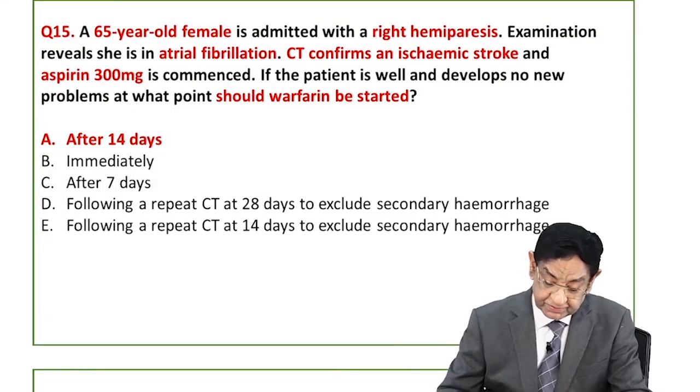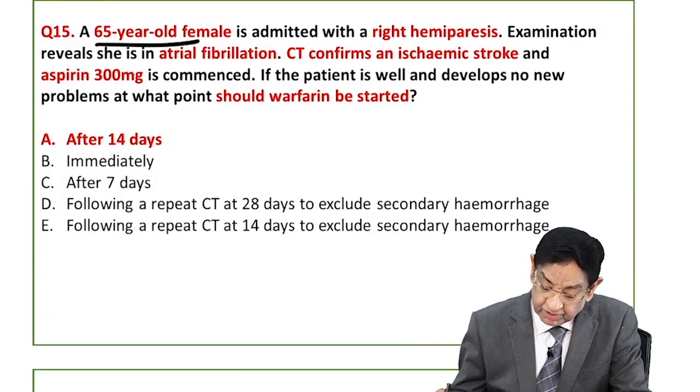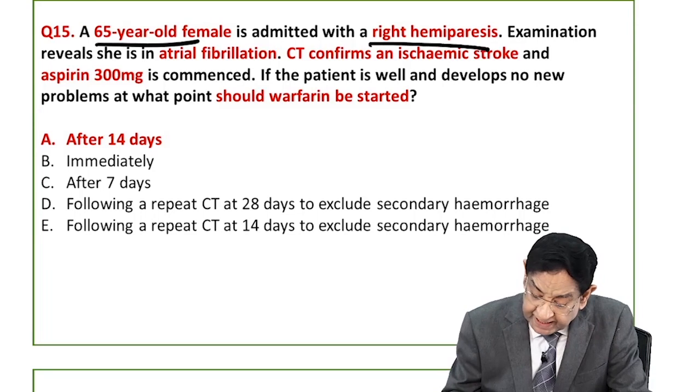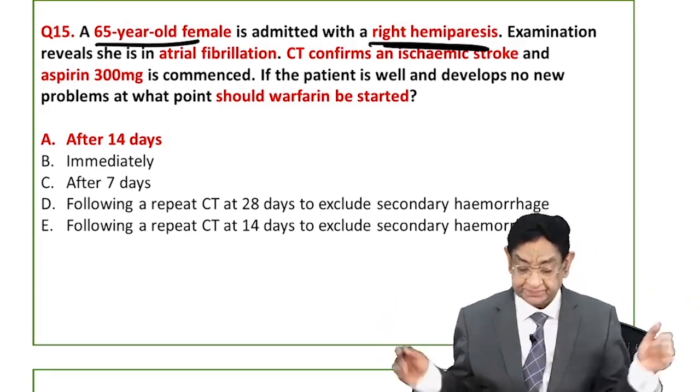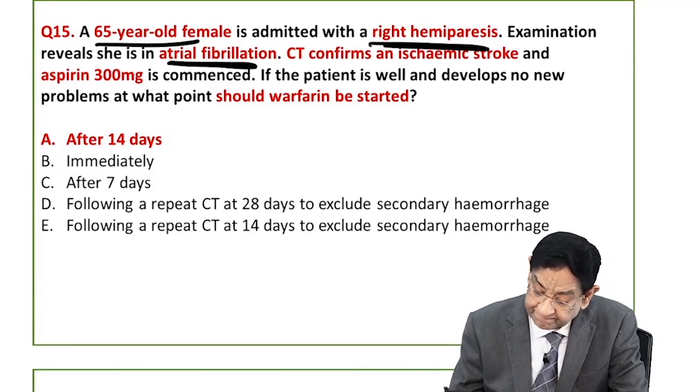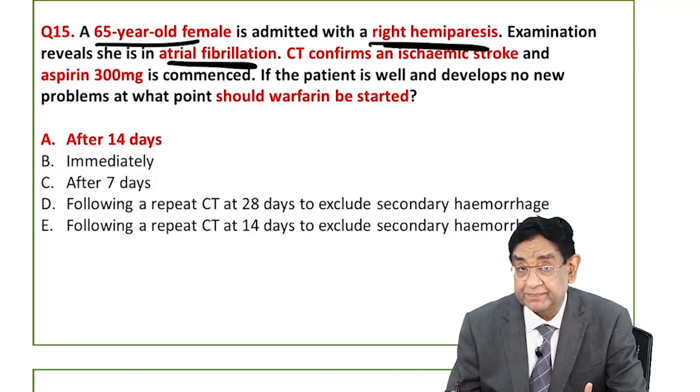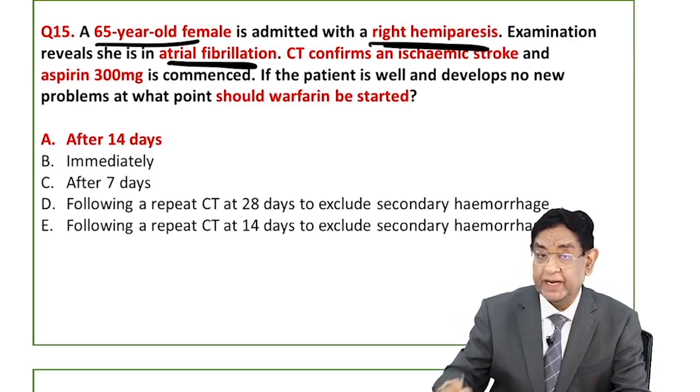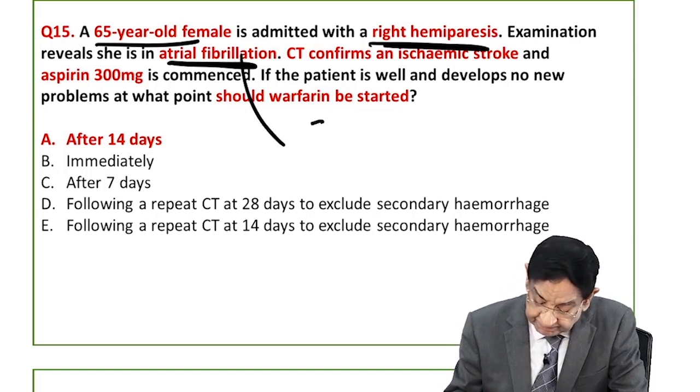Lovely question. We are getting a 65-year-old female. Right hemiparesis, stroke is there. She has atrial fibrillation, which can predispose to embolic phenomena.